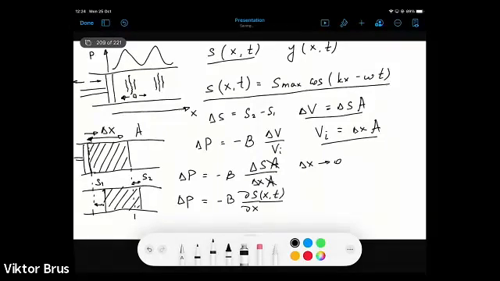So we take the partial derivative of this function over X. So let us write it here.